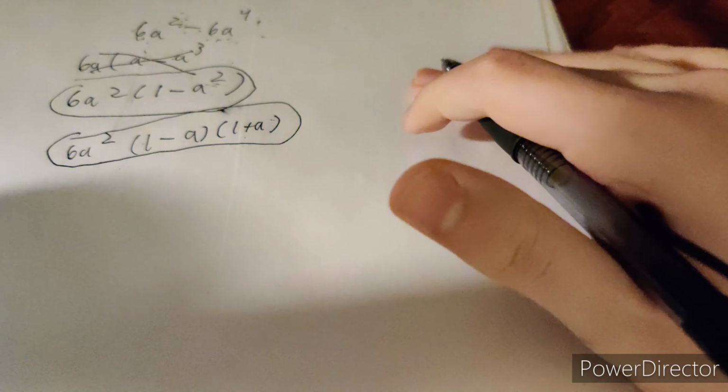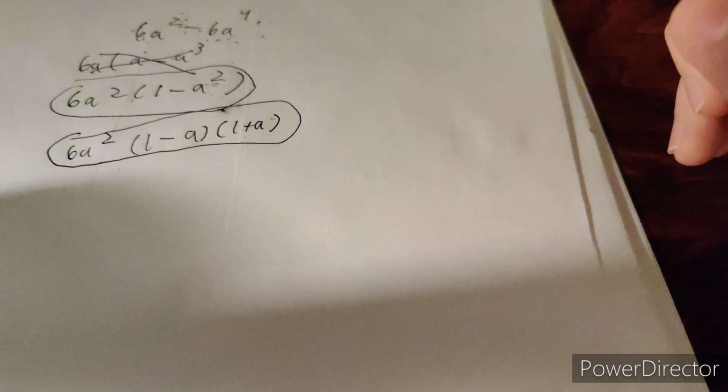So, all in all, when you factor it out completely, this is the most expanded version and the most simplified version of 6a squared minus 6a to the fourth.